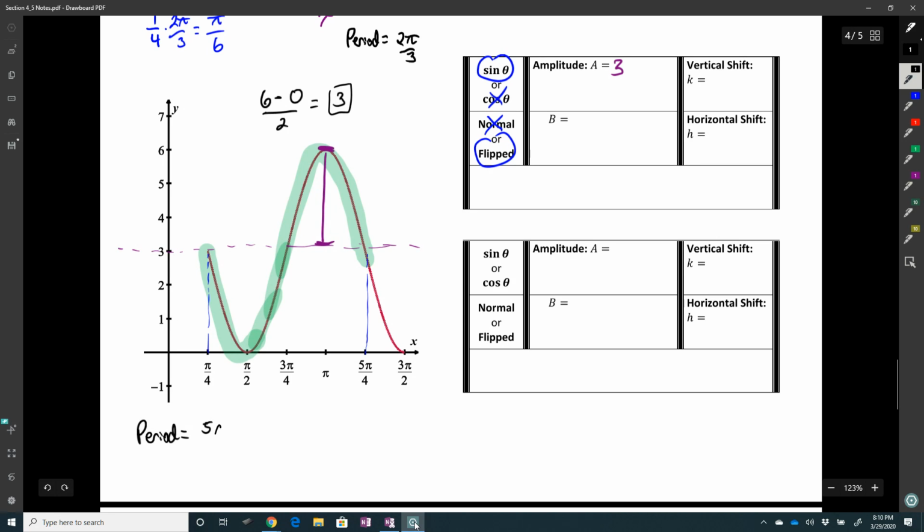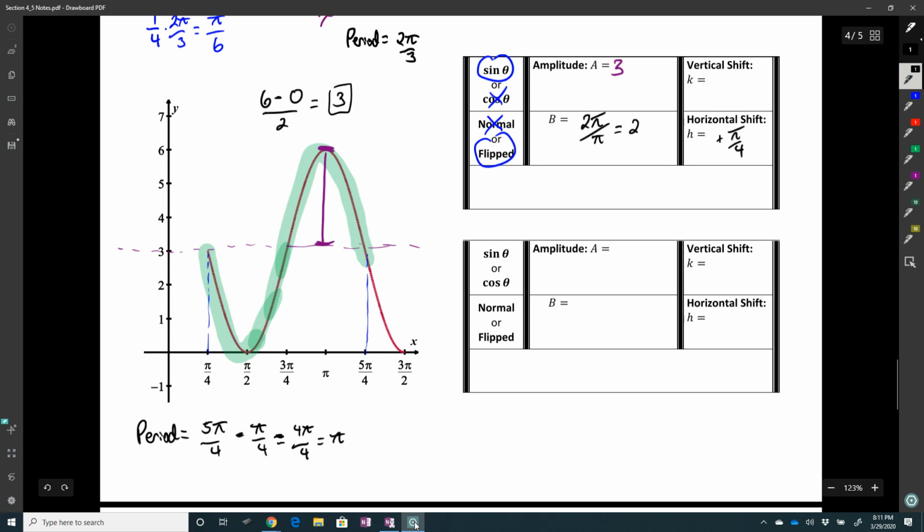Here, the period is 5 pi over 4 minus pi over 4. So that's just 4 pi over 4, which is just pi. So my b is 2 pi over the period, which is just 2. Okay, horizontal shift, I can see that I went right pi over 4.